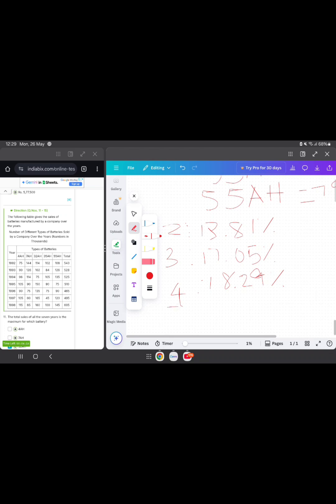Okay, and then for 95, we have 105 divided by 510 times 100, which gives us 20.59%. And then for 96, we have 90 divided by 465. This is 19.35%.